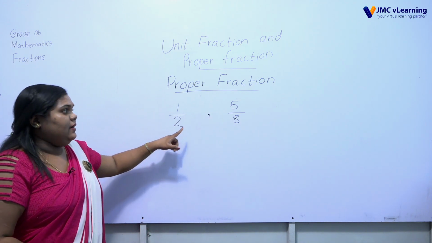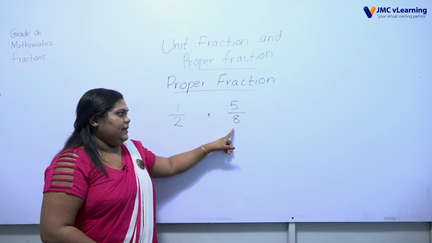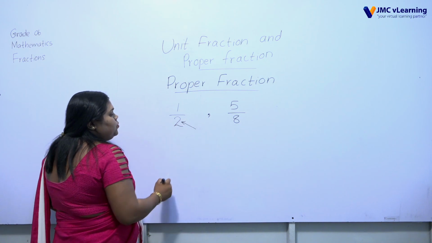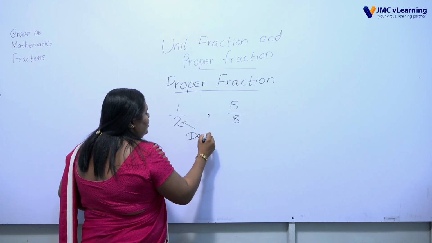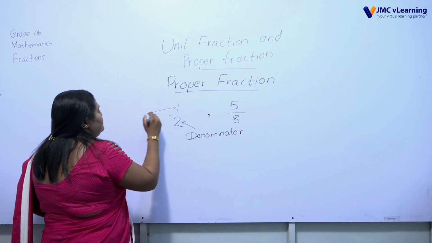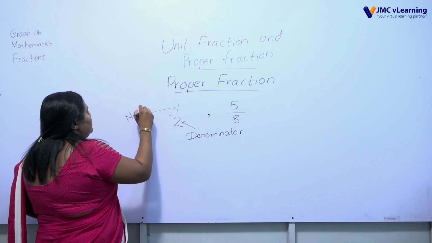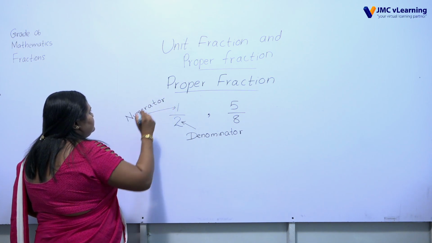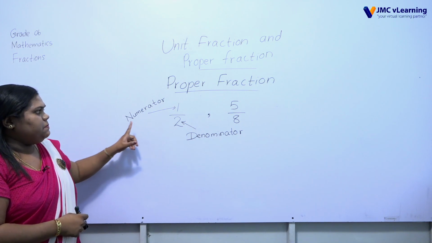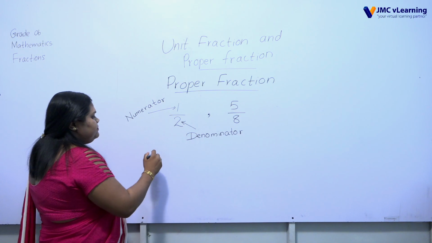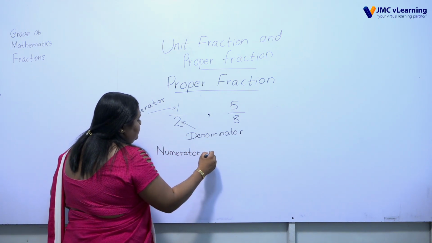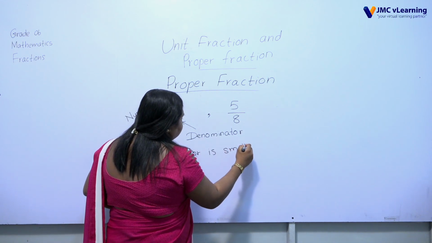Now these two, this is the denominator, and this is the numerator. When we talk about the proper fraction, the denominator is bigger than the numerator. The numerator is smaller than the denominator.